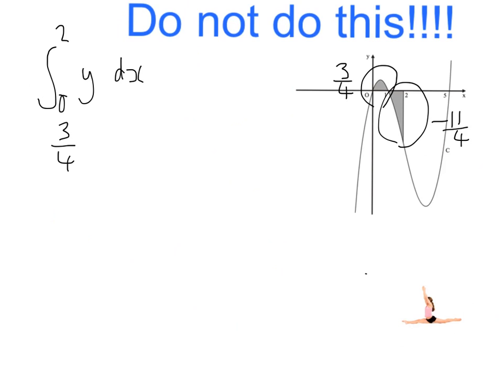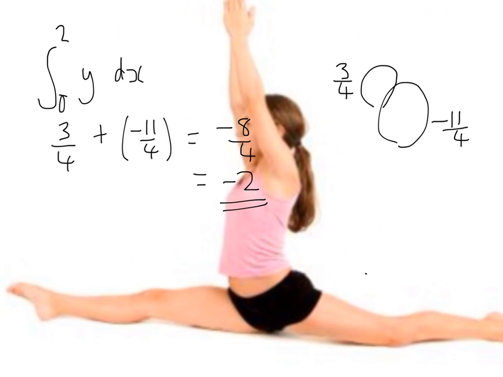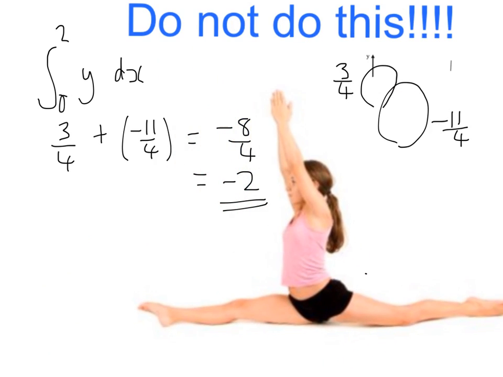So 3/4 add minus 11/4 gives us minus 8/4, and their calculator tells them that the whole answer is minus 2, which is rubbish. So what happens if you forget to split it into two areas is it will take the minus 11/4 as minus 11/4. So can you just be really careful that you remember to do that split, okay?